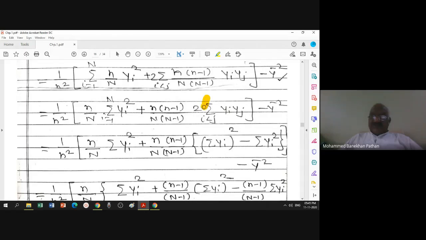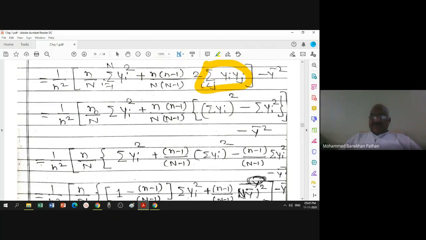Now this is a sum of products. Just like I explained before, it is written this way: square of sum minus sum of squares. Just now we have discussed. Minus y bar square. So this n upon N, this n upon N will be taken out.